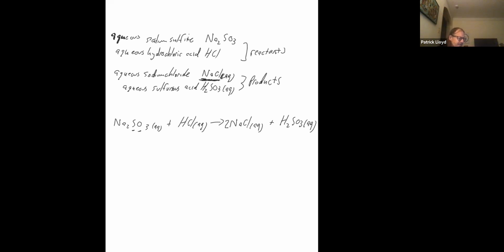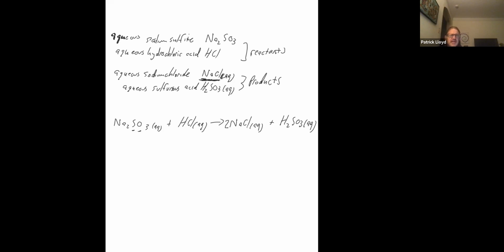So sodium is done. What about sulfur? Take a look at sulfur on both sides. How many sulfurs are on each side? Reactant side? Just 1, right? Na2SO3. There's just S. That's 1. On the product side, H2SO3. Oh, it's just S, just 1 sulfur, right? The O3 means there's 3 oxygens.